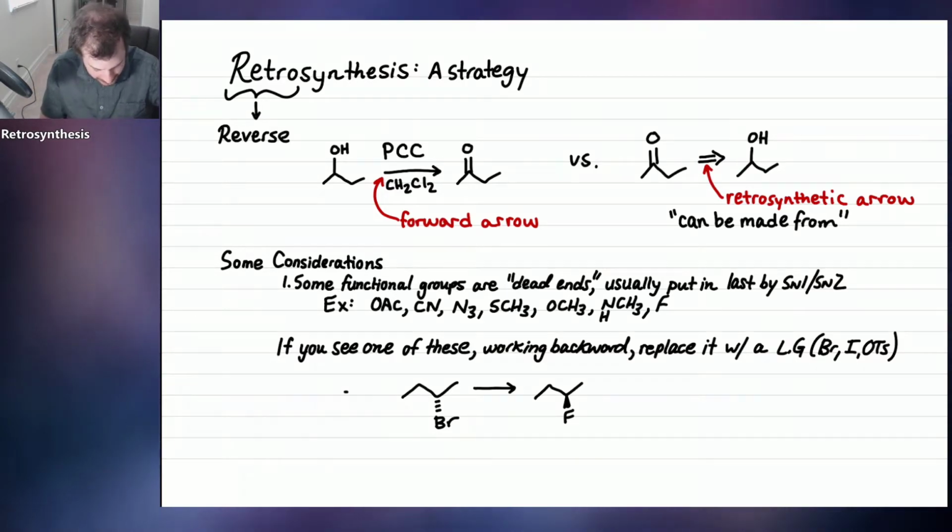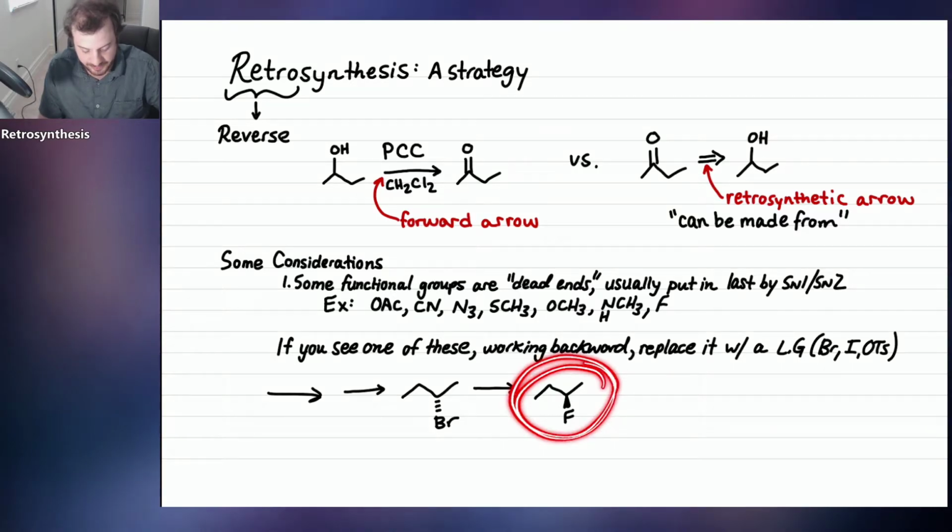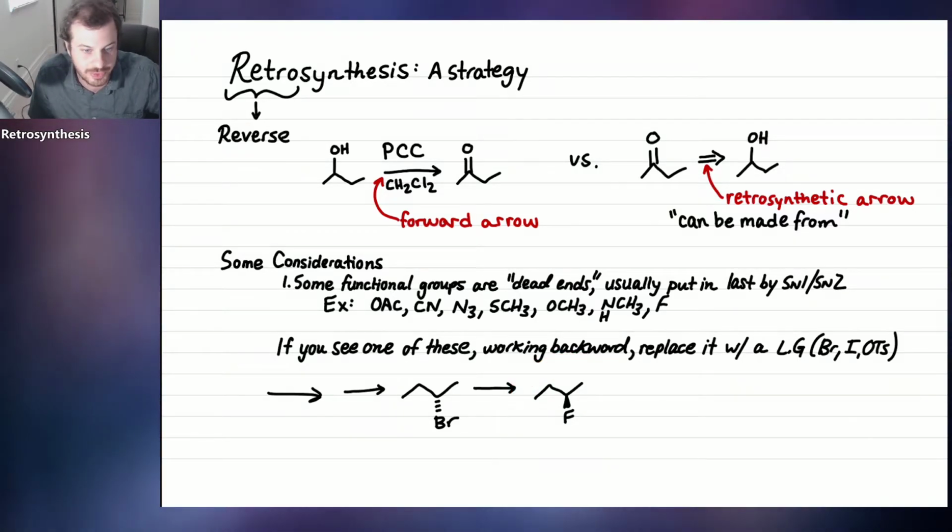Now, there could be more steps before, right? But the last step is going to be installing that fluorine with an SN2 reaction, so we're going to replace that fluorine with a bromine or some other leaving group moving backward. Just an example. Again, much easier to see when I give you a real problem example, which I have not done yet.